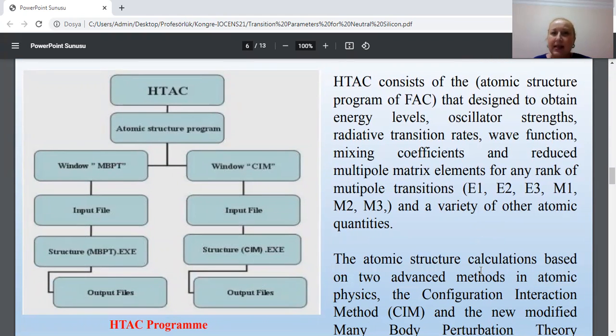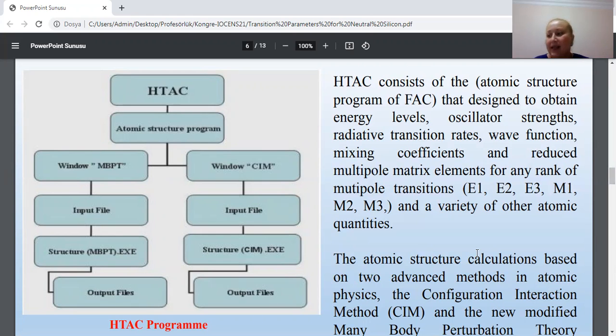So we have to understand the theoretical part of the atomic transition. In experiment, we know the absorption and emission properties of the atom, but in the theoretical part, we have to think about the selection rules, forbidden lines, and allowed lines.